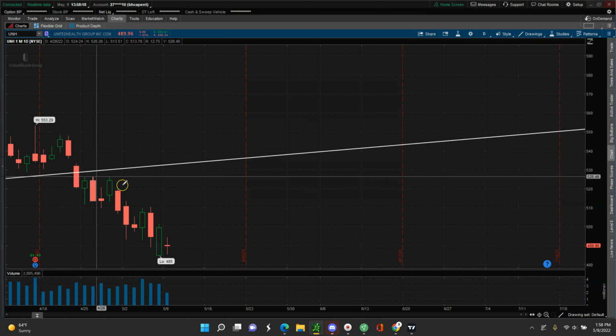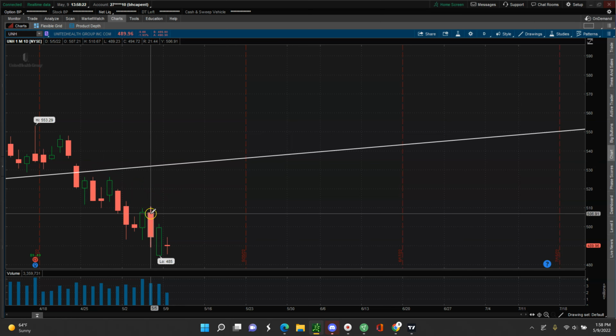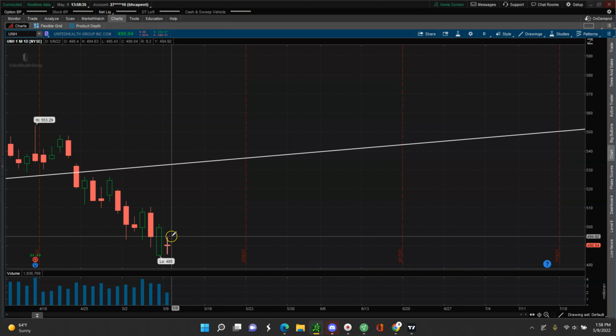So on this daily chart over the past month, the micro trend is bearish. So I wouldn't want to be in calls in this ticker over the past month because that's not what the trend is. I'd be trading against the trend at this point.